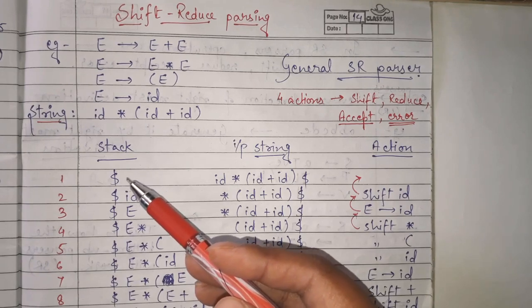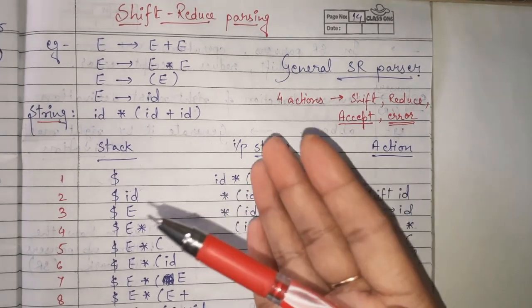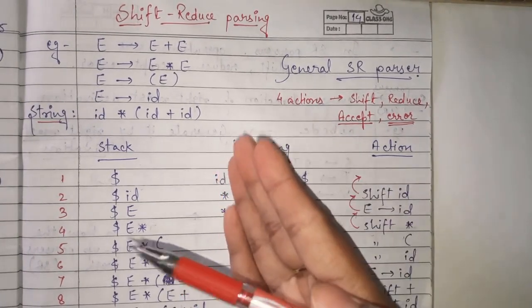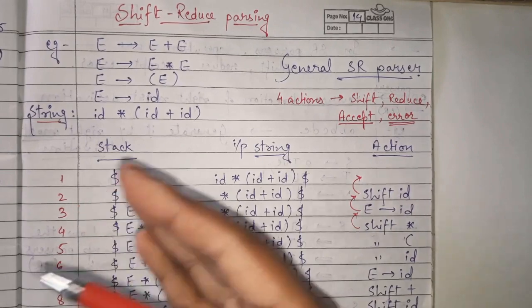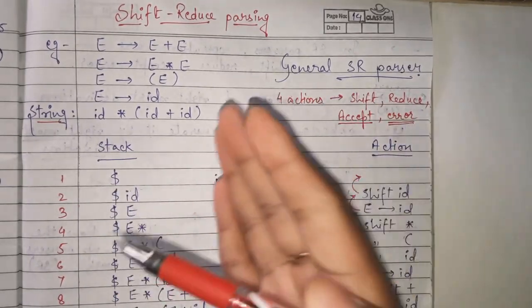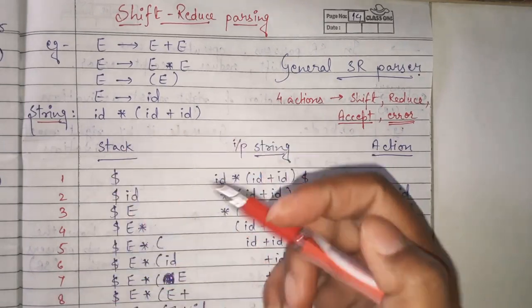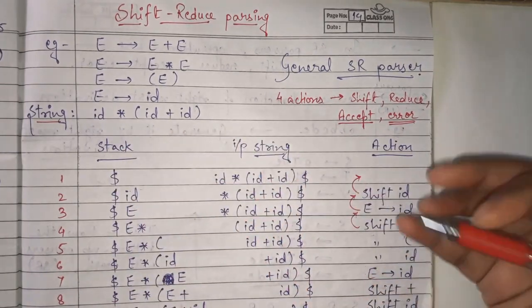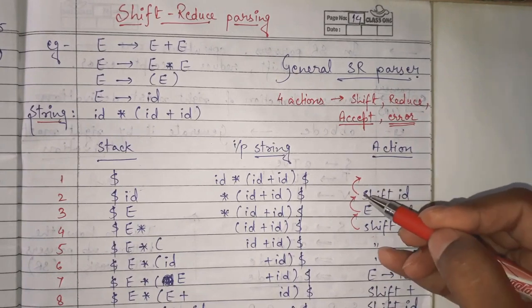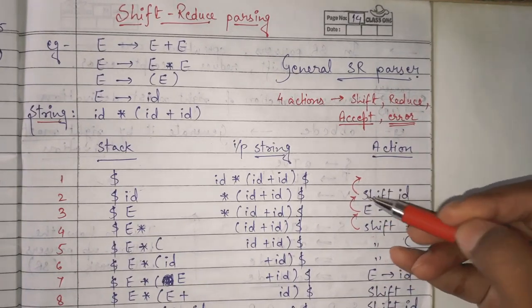So the first step I have to take is to shift a symbol from the input string to the stack. Whenever I have to insert any symbol from the input string to the stack, it is known as shift action. So okay, here all the actions I have written, there is a mistake. Just consider that all are written one step above.